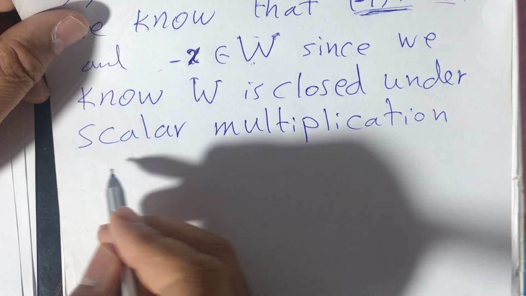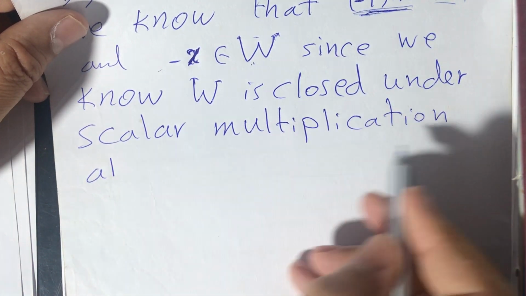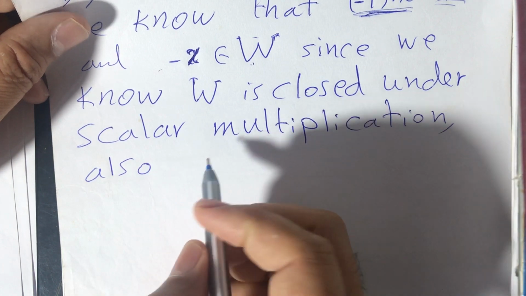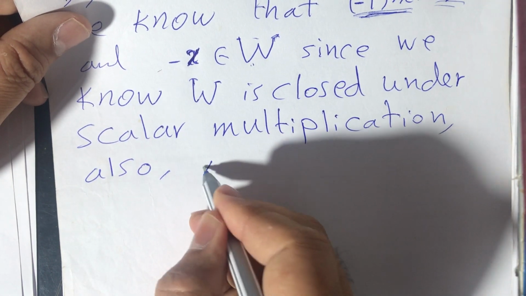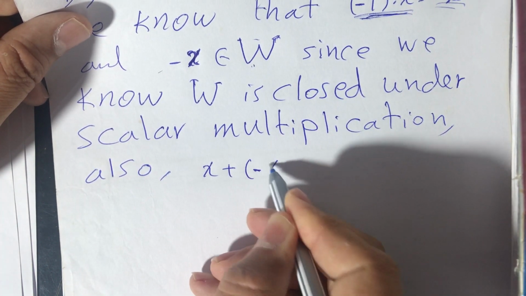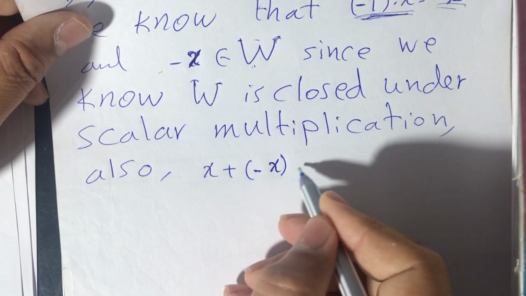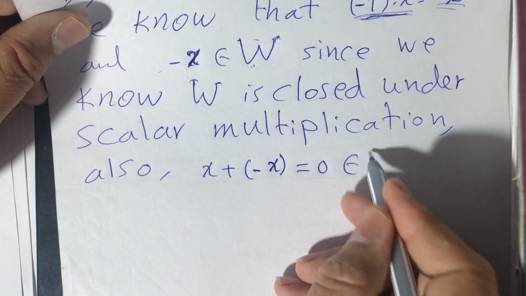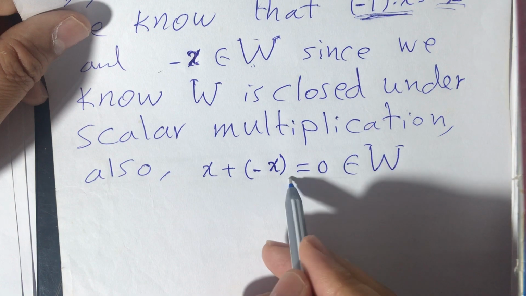And of course also x plus minus x is equal to 0 belongs to W. Why?